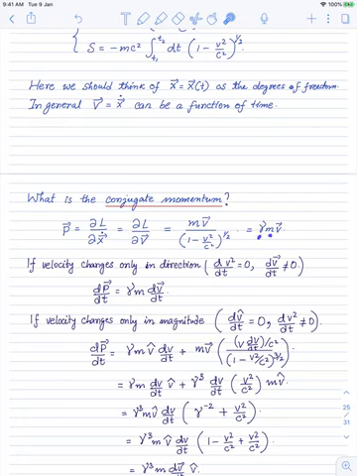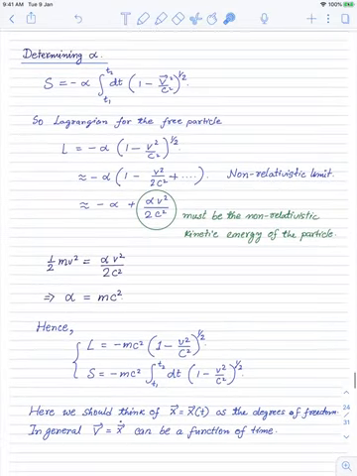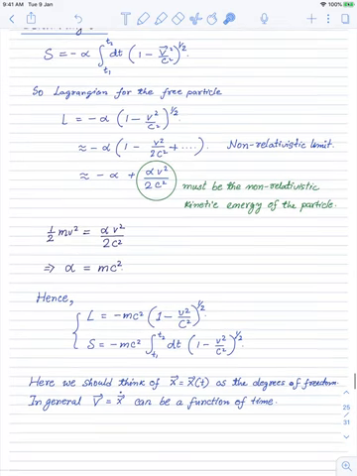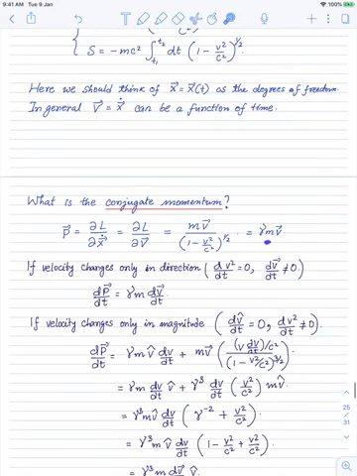Now m is always a constant. It's the mass of the particle, and from the point of view of this Lagrangian, it is just a parameter in the Lagrangian or the action. It's just a constant number.